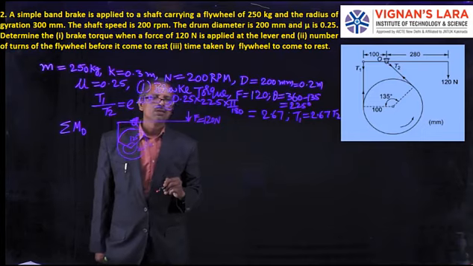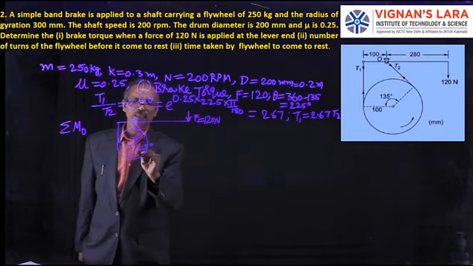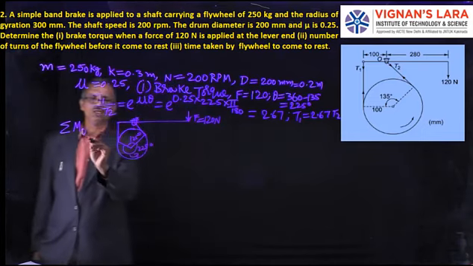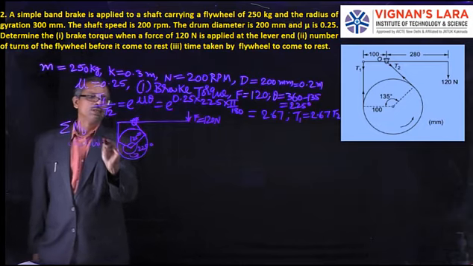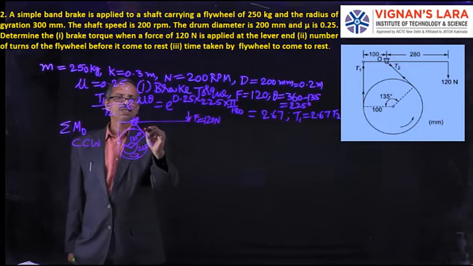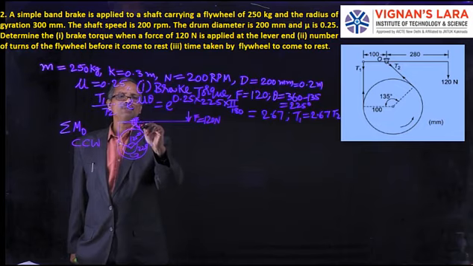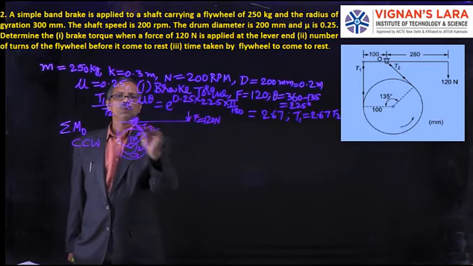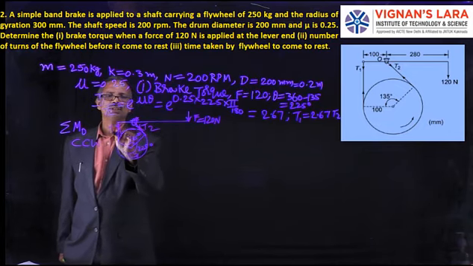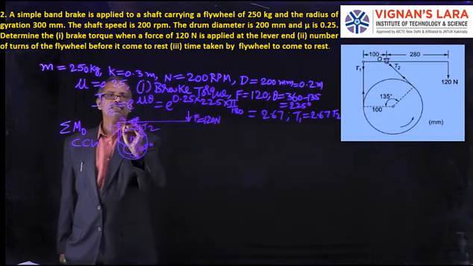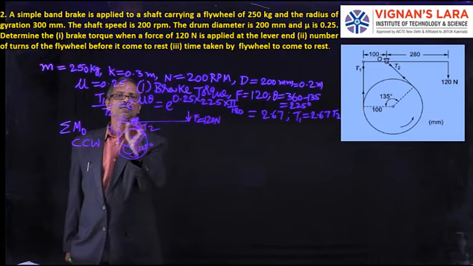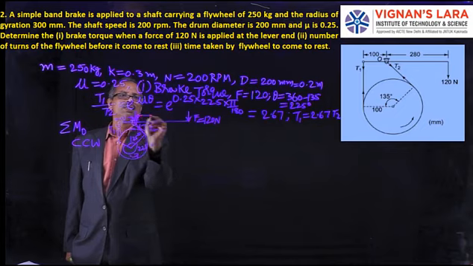If I take counterclockwise rotation, this is the leaving side, which becomes T2, and this becomes T1. I said this is A and this is L.